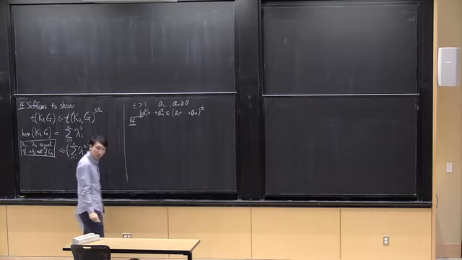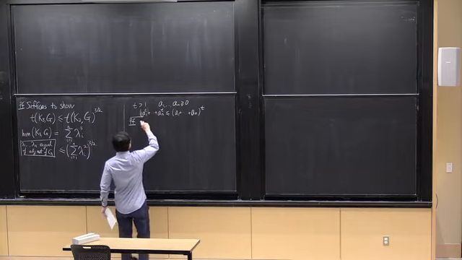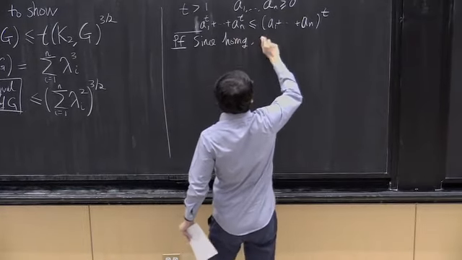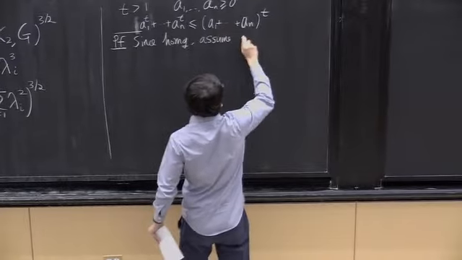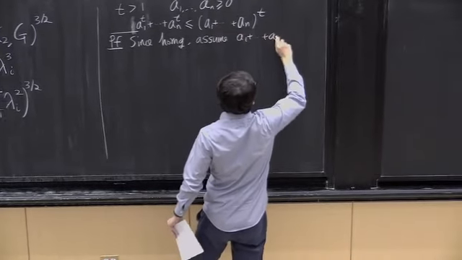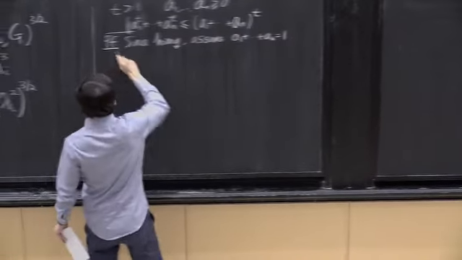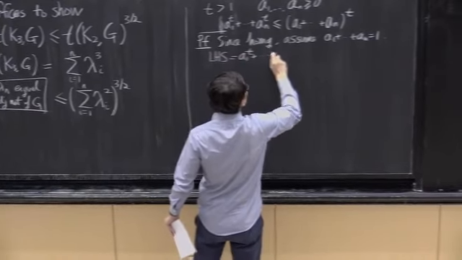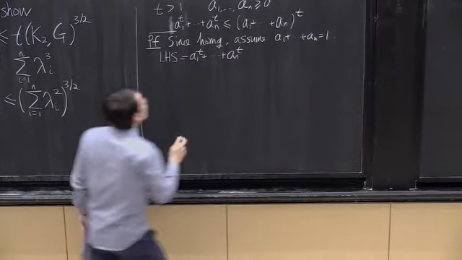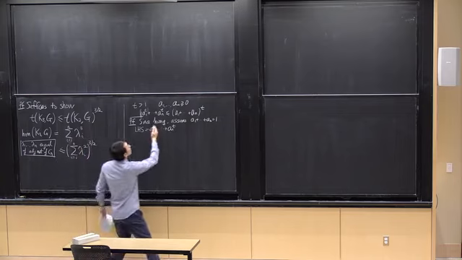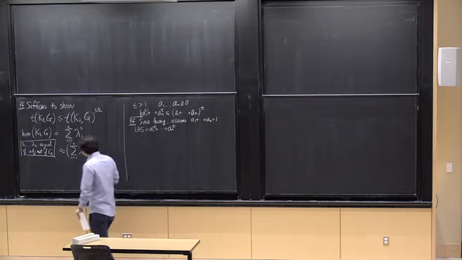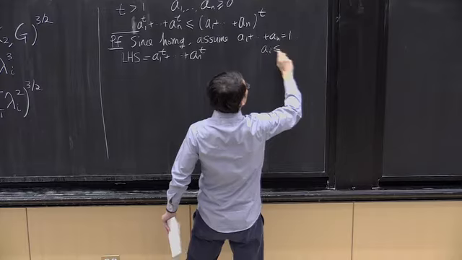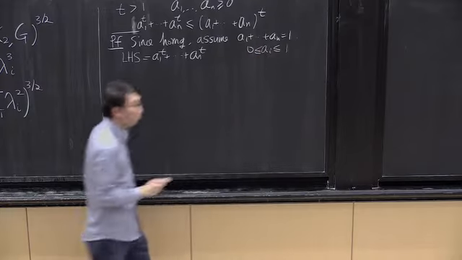Because it's homogeneous in the variables, I can assume that the sum is 1. In which case, the left-hand side is equal to this sum of t-th powers, and because I assumed that everything is non-negative, all these a's are between 0 and 1.